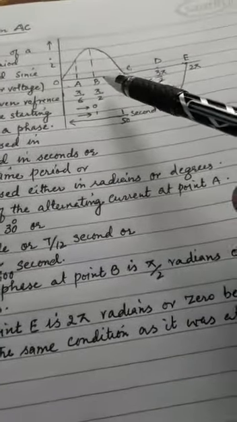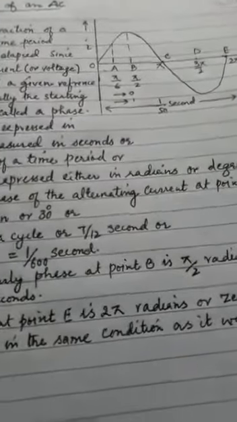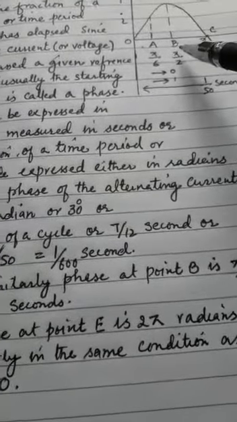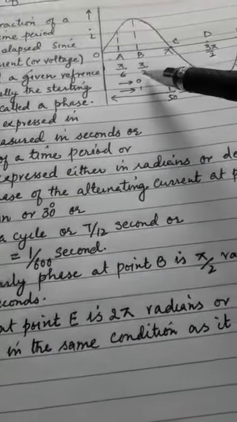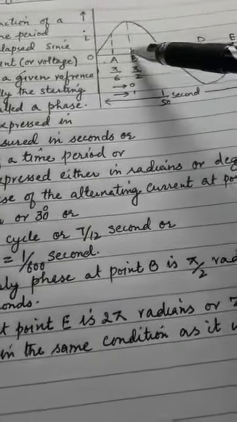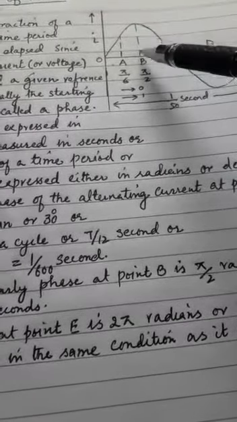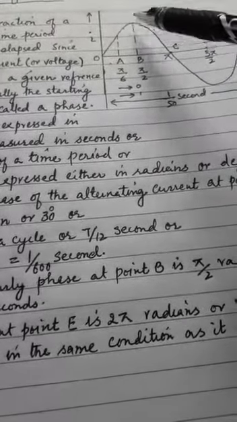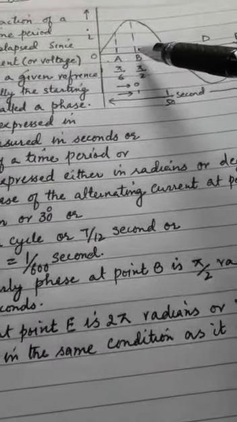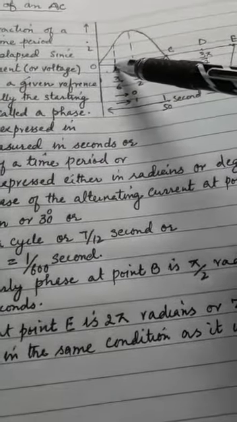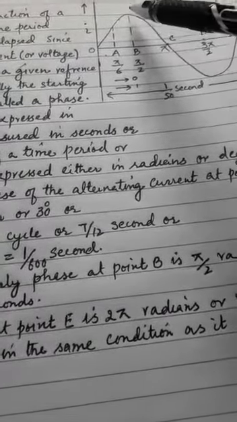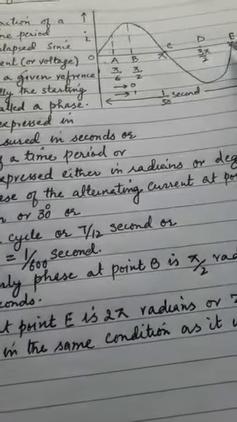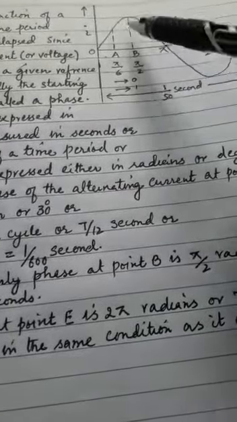Similarly, at portion B, this phase B, you have pi by 2. Pi by 2 means the value of pi is 180, and 180 divided by 2 is 90 degrees. This is the 90 degree angle made here, the peak value of this sine wave. So this is the 1 by 4th portion of the sine wave.